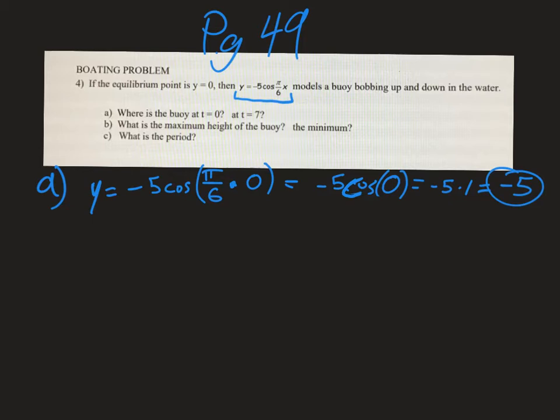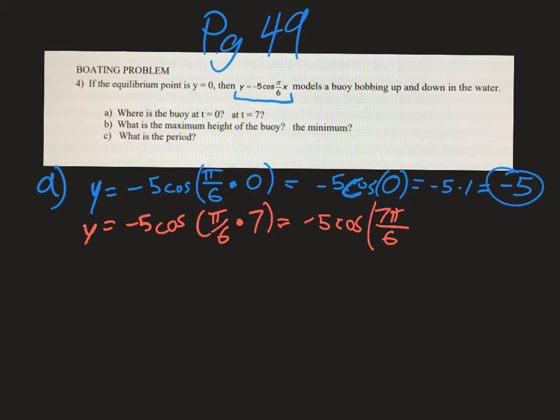Then let's look at the second part and get t equals 7 as well. y equals -5 cosine pi over 6 times 7, and that gives me 7 pi over 6 inside of my cosine. Once I've got this, I look at my unit circle for cosine 7 pi over 6, and that is, I believe, -√3 over 2.